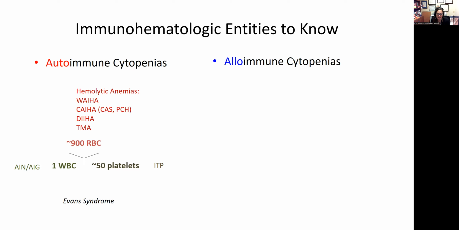So in pediatrics, Evans syndrome is likelier to be driven by conditions such as common variable immunodeficiency or ALPS, autoimmune lymphoproliferative syndrome, or 22q deletion syndrome. So we're getting into some pretty exotic territory here, but this will be the job of a staff hematologist to take a step back and consider.